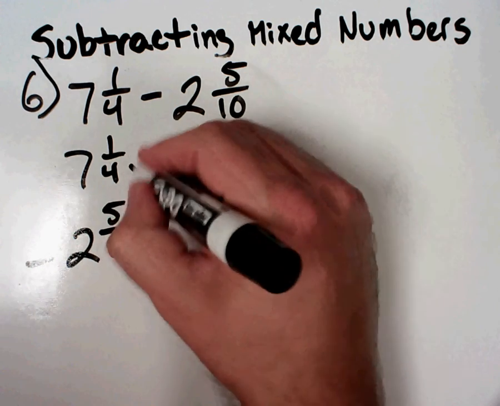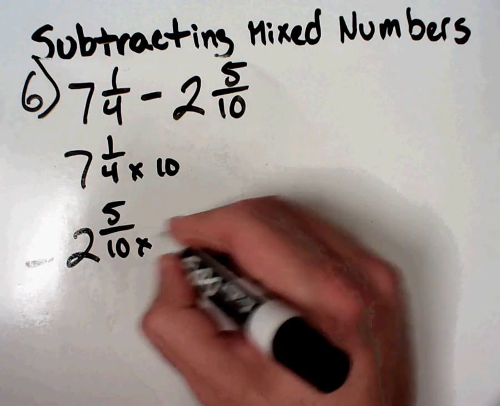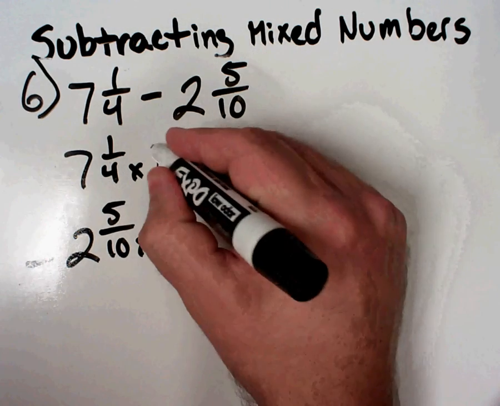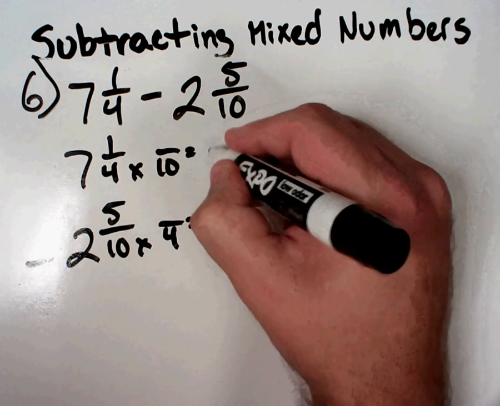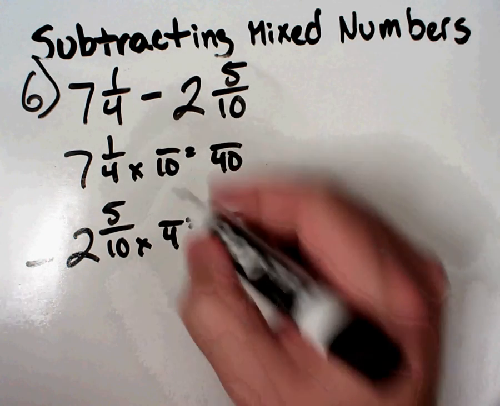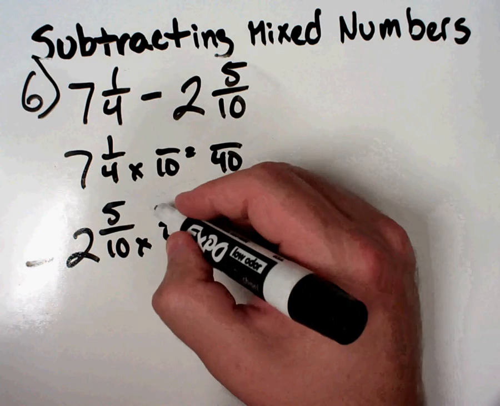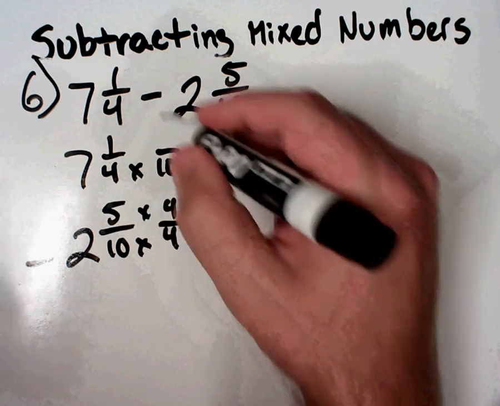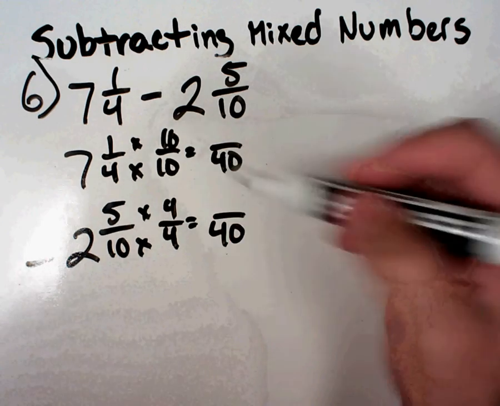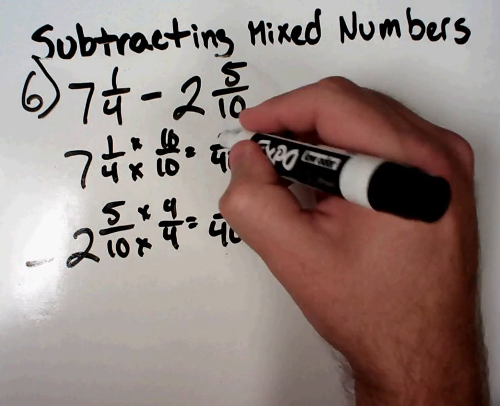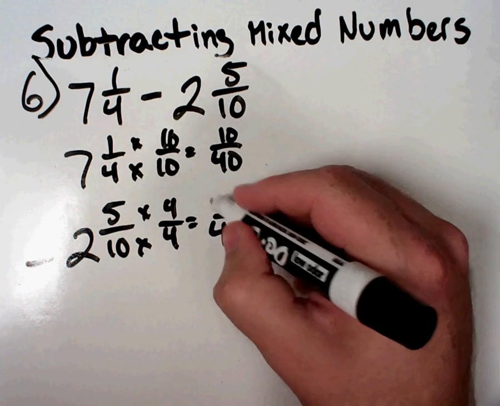So I'm going to multiply 4 by 10 and 10 by 4. And so my common denominator is 40. Whatever I do to the denominator, I must also do to the numerator. So 1 times 10 gives me 10. 5 times 4 gives me 20.